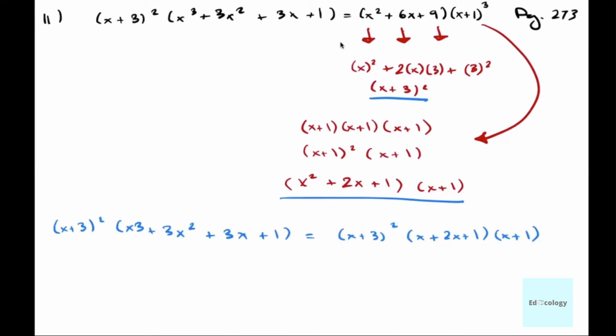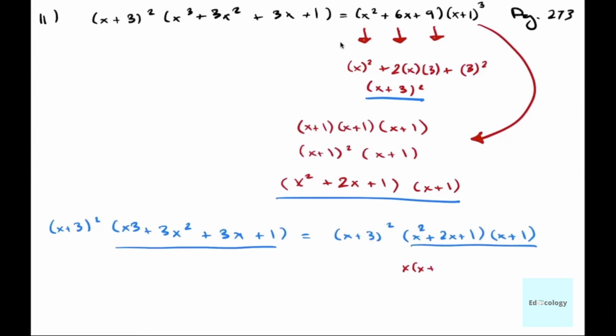Then you have to multiply these two in order to try and get something like this. So it will be x times (x squared plus 2x plus 1) plus 1 times (x squared plus 2x plus 1). No need to write 1 times, we already know 1 times anything is the same.